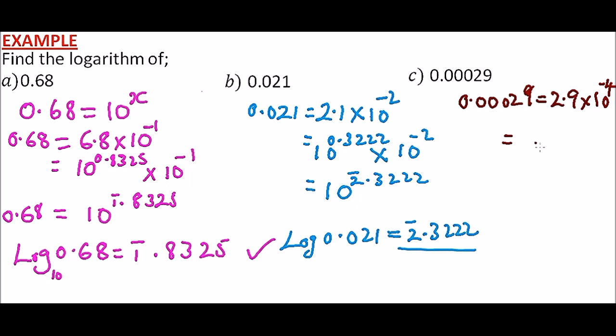So from the tables, 2.9 is the same as 10 to power 0.4624.